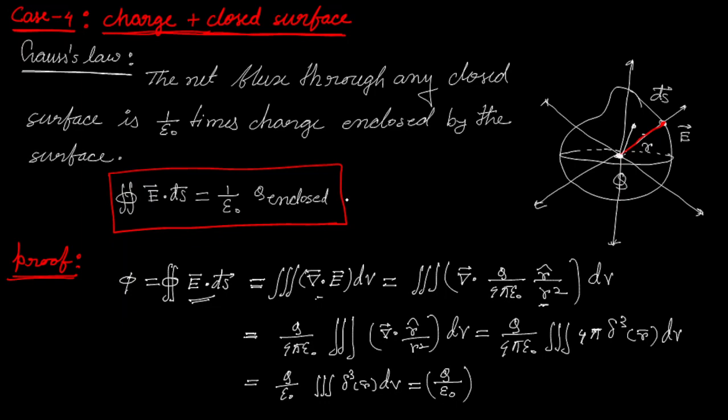If the charge does not lie inside the volume, then the flux through this closed surface will be 0. So this is written in integration form: the surface integral of E dot ds equals Q by epsilon naught.